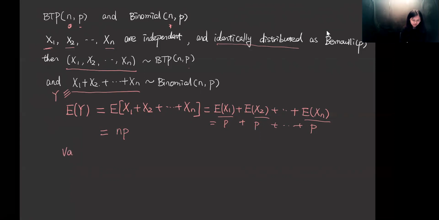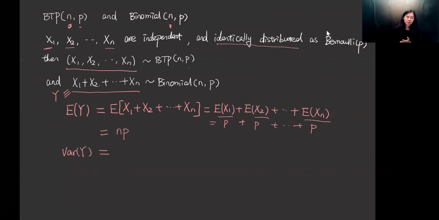And to get the variance of Y, the variance of the sum of random variables in general does not equal the sum of the variances of each of the random variables, because there might also be covariance terms. But these X1 to Xn random variables are independent. We have learned that independence implies mean independence, and that implies linear independence, which is zero correlation.